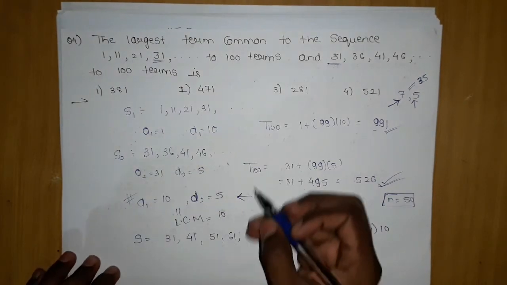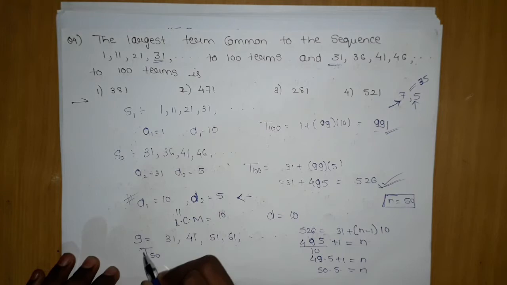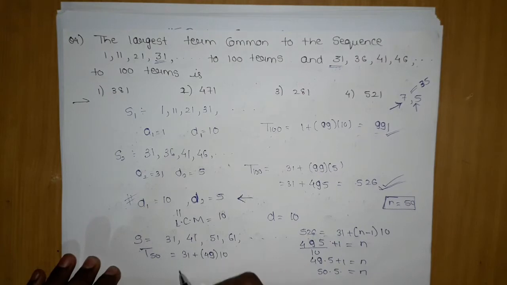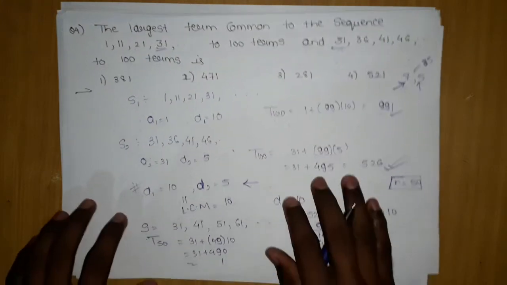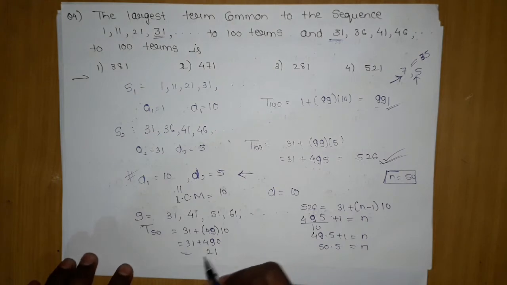So the last process is just a task-like thing: putting t equals 50, getting 31 plus 49 into 10, which is 31 plus 490, which gives you 1125. So this is our answer.